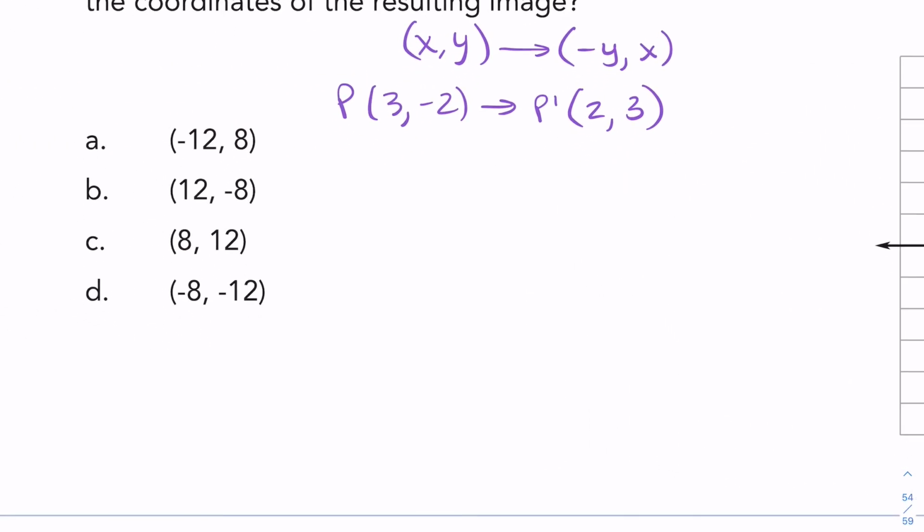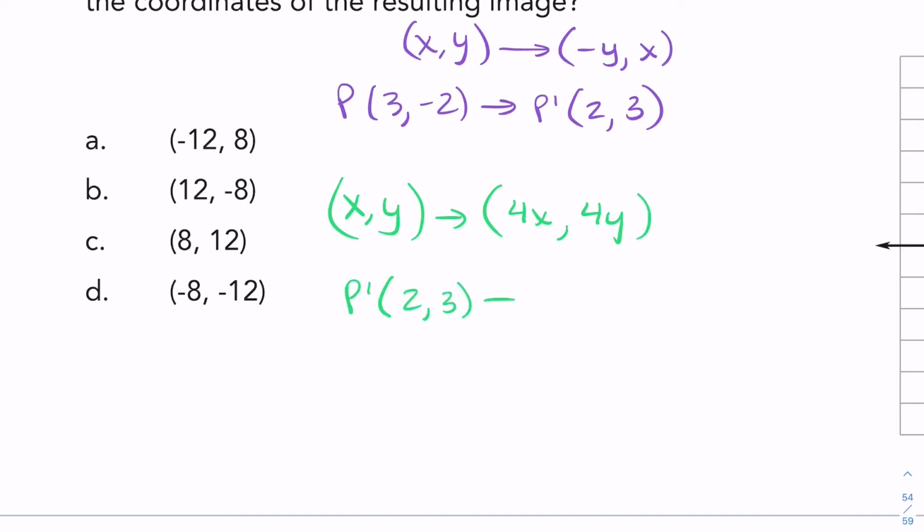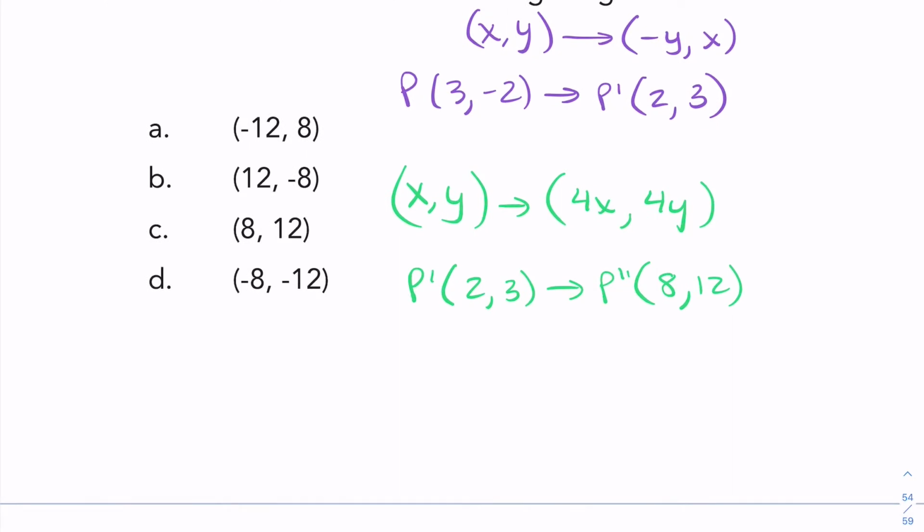But what I will do is say the dilation is x, y maps onto 4x, 4y. So P prime is 2, 3, which will bring us to P double prime, which is 8, 12. So the answer is 8, 12.